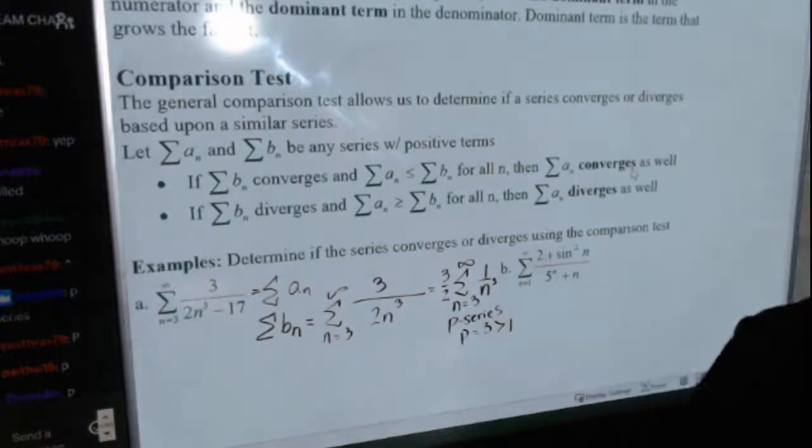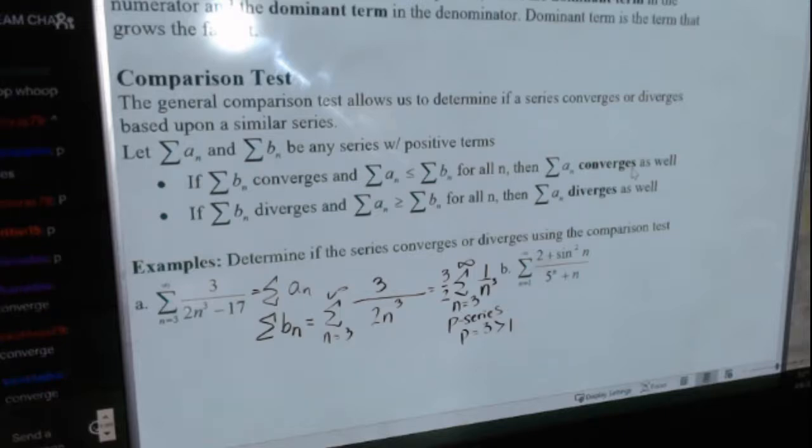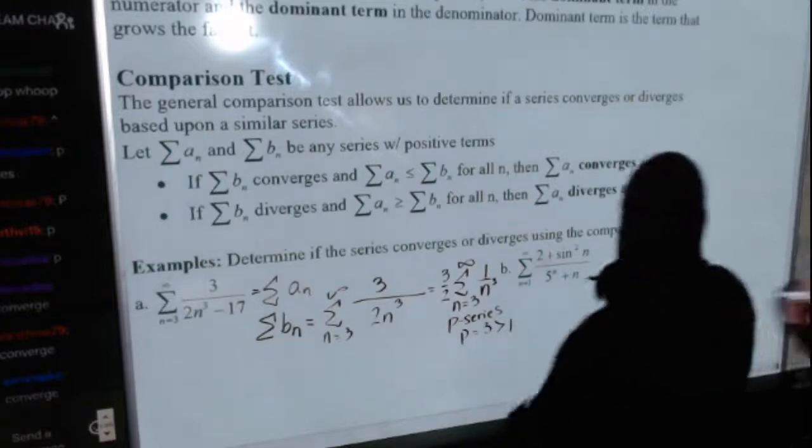Does that mean converge or diverge? Okay, I see one answer so far. Anybody else? All right, good. So that means that series is convergent.